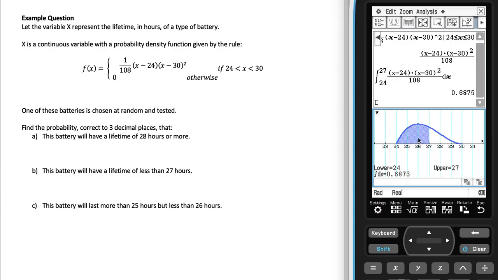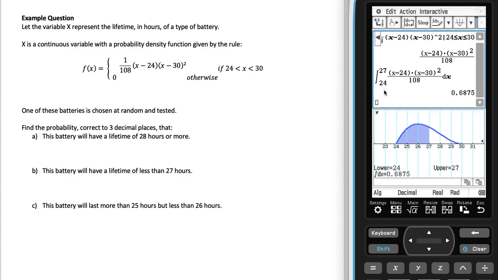So what we're saying there is that the probability that a battery chosen out of this sample being tested will have a lifetime of less than 27 hours is either 0.6875 or 68.75%. So 68.75% of the batteries in this sample have a lifespan of less than 27 hours. That's what that's saying. And for part C, we're interested in the probability it will last between 25 and 26 hours.